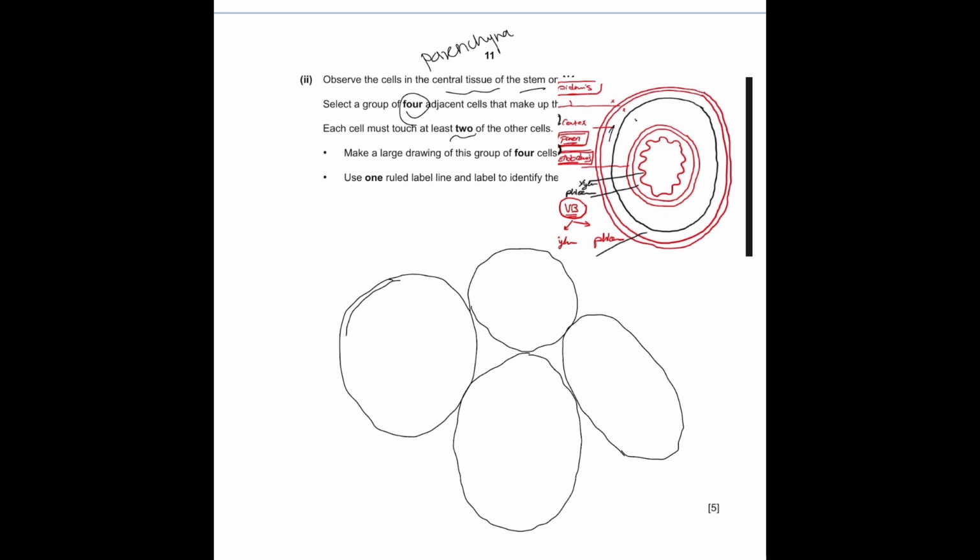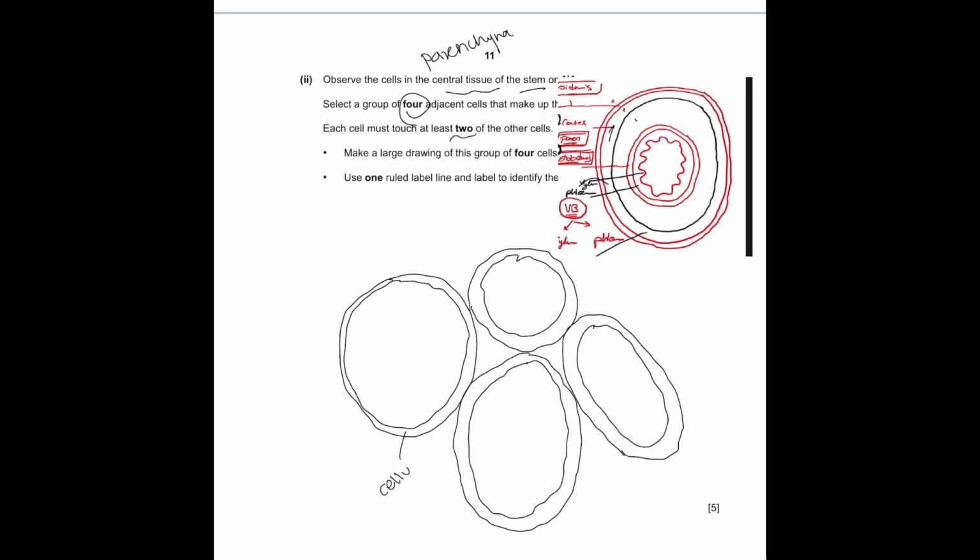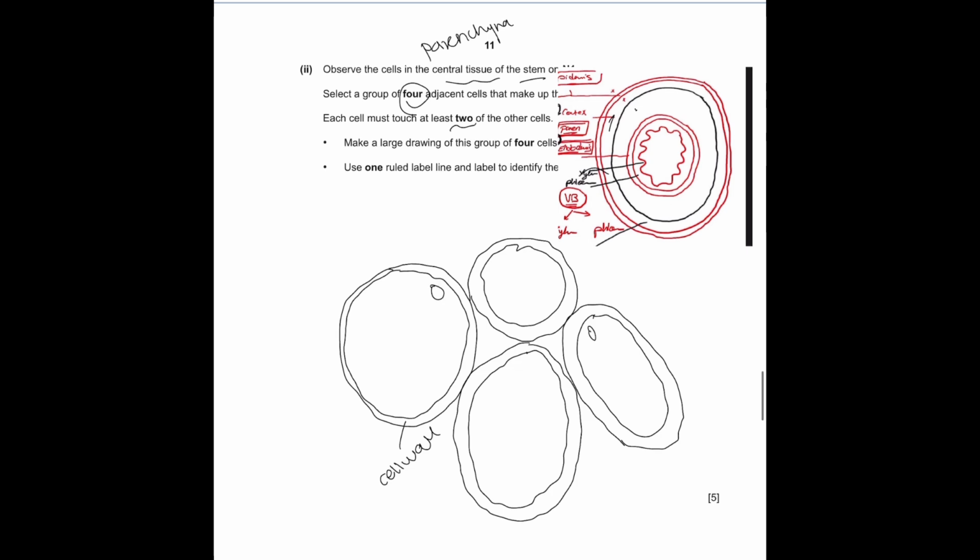It has to be closed. Okay, and it asks us to identify the cell wall. So this is the cell wall, and then 2 cells should have a nucleus, and the others not, because the nucleus won't be visible in all of them.